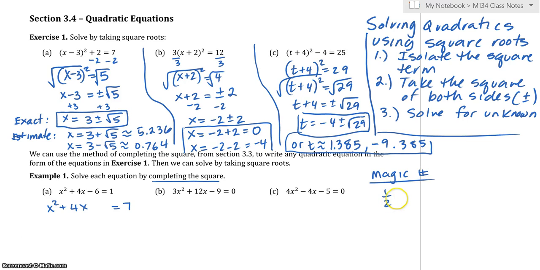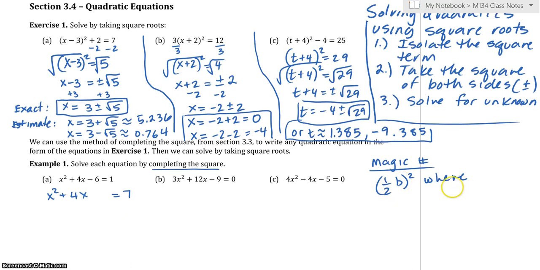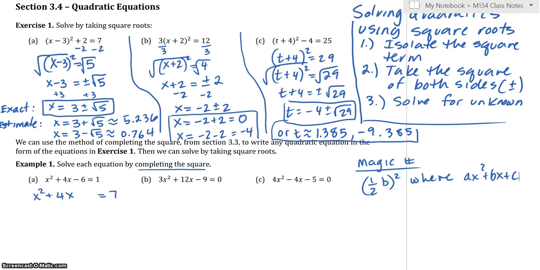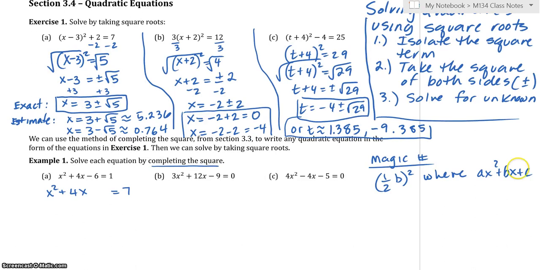It's 1/2 of the b squared, where you're using the expression ax squared plus bx plus c, where b is that middle term. So in this case, if we take 1/2 of the 4 and we square it, the magic number is 4.